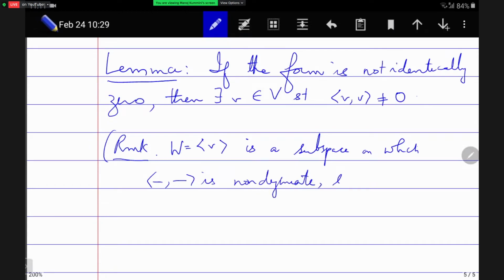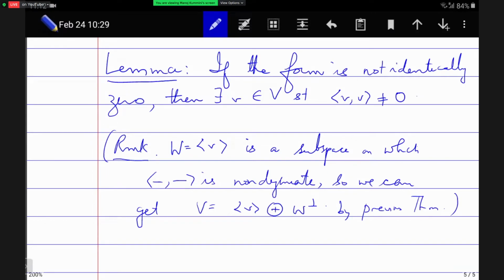So we can get V to be the span of this V direct sum W perp, by the previous proposition. I think I called it a theorem. That's why we are looking for such a lemma.